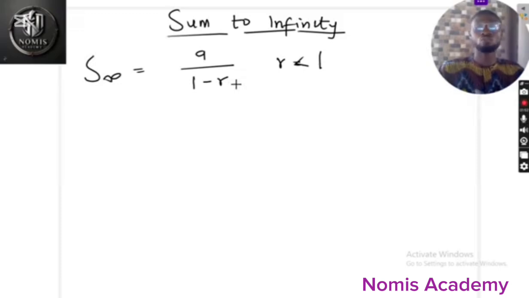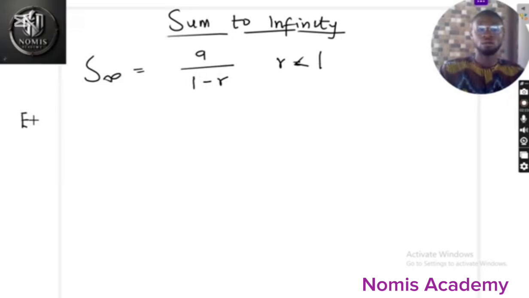You will need to calculate the common ratio to have an idea if the sum to infinity exists before you can proceed using the formula: sum to infinity equals a all over 1 minus r. Good. Now let's get into an example.